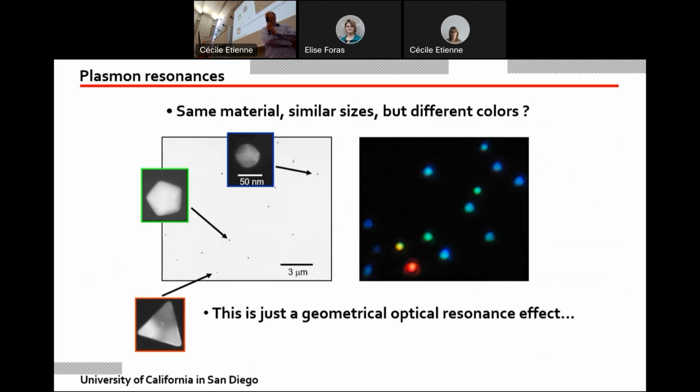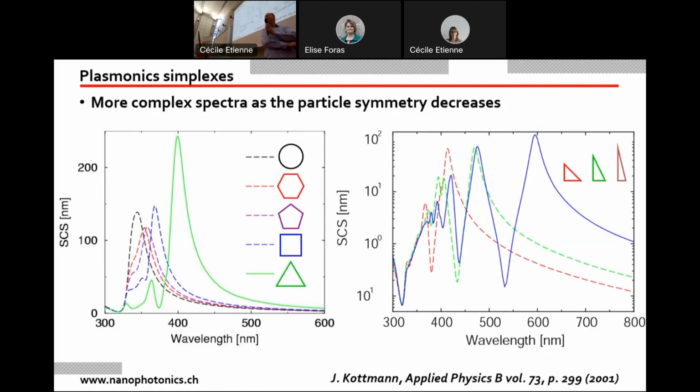So it's really because we have different resonances, different plasmonic modes that can be excited, and that's why you get different colors. But if you look at this same sample straight or at an angle, you will see exactly the same colors. I'll say a few words later about how to observe these nanostructures, dark field microscopy, which is really the key tool for these types of systems. Thank you.